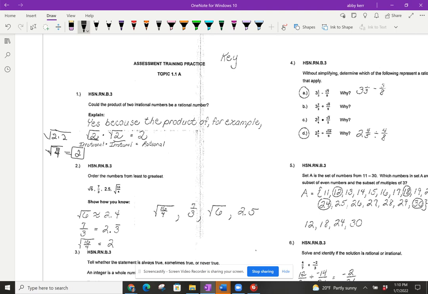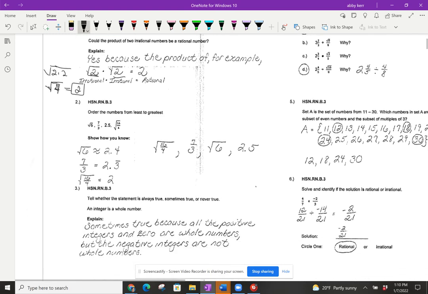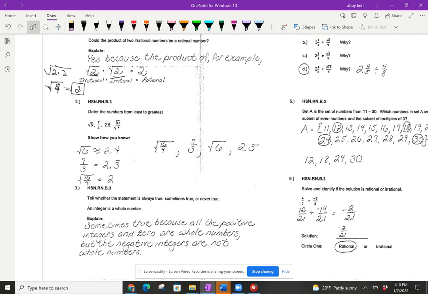So irrational numbers are numbers that go on forever with no pattern. Now, rational are numbers that can be written as a fraction of two integers. So for number 2, how I taught it was to create a number line after you convert the decimals.